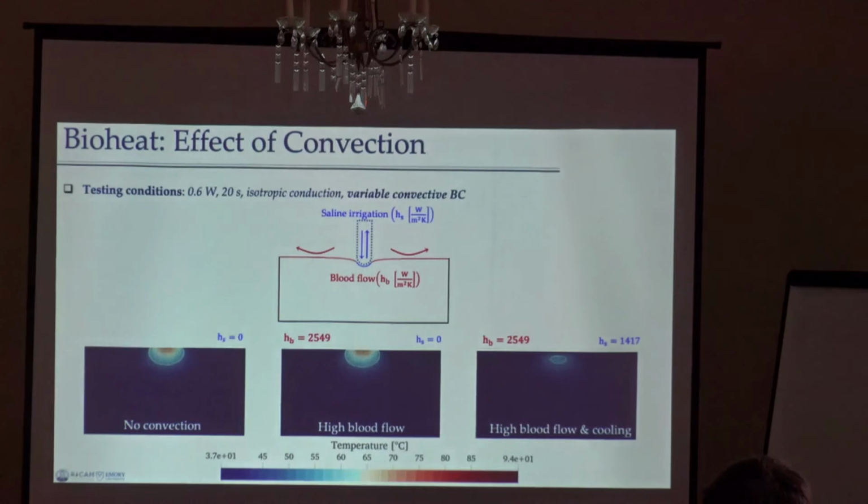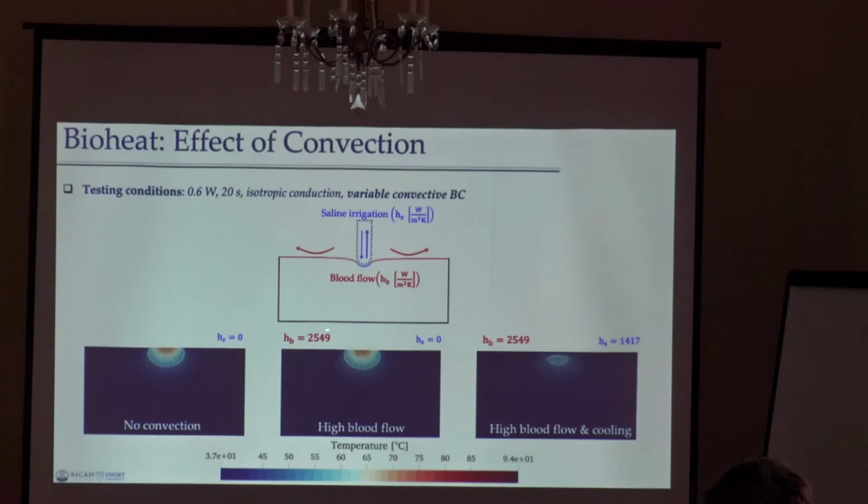Very, very important are the convective boundary conditions for the thermal problem. Now here, you have no convection, you have convection only for the blood, and you have convection both for blood and for the saline solution. These curves over here are the lesions created during the procedure. If you do not have any convection, you see that the lesion starts exactly on the endocardium.